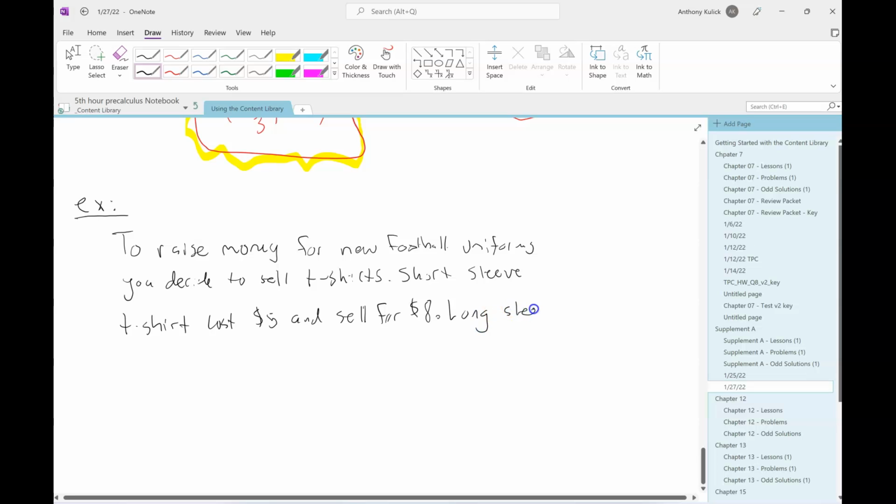Long sleeve t-shirts cost $7 and sell for $12.